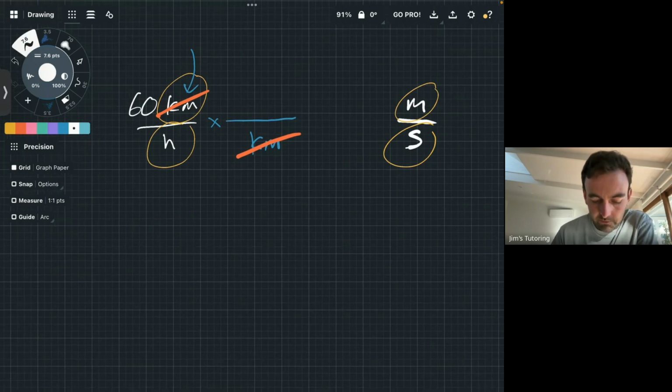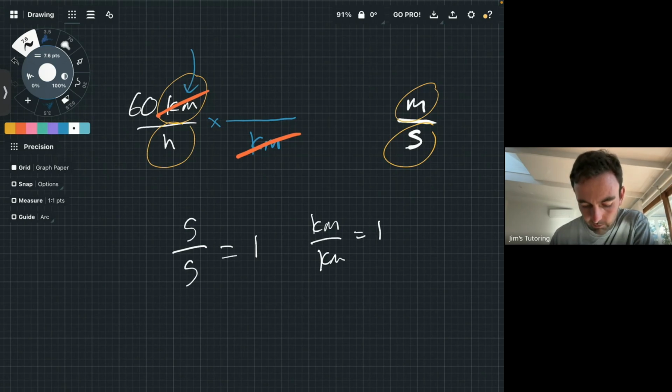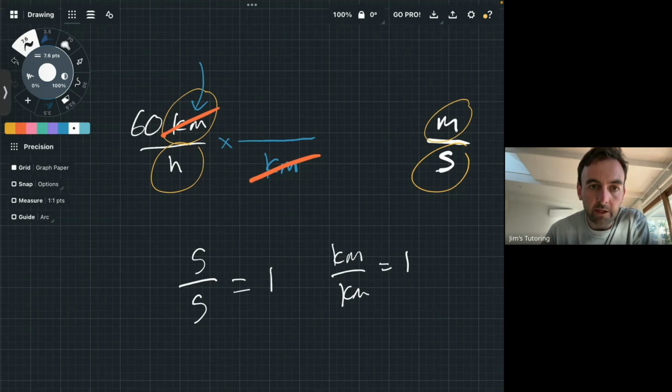Anything divided by itself is just 1. If we had 5 divided by 5, that equals 1. It's exactly the same with units: kilometers divided by kilometers equals 1, so we can cancel it out. That would be really good for us because we can get rid of some units that we don't need.